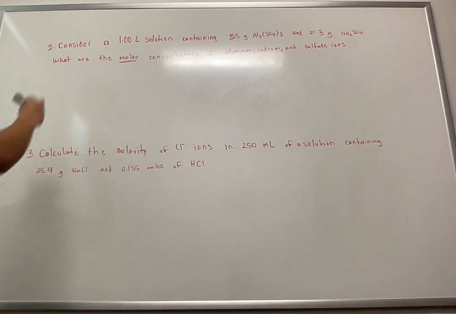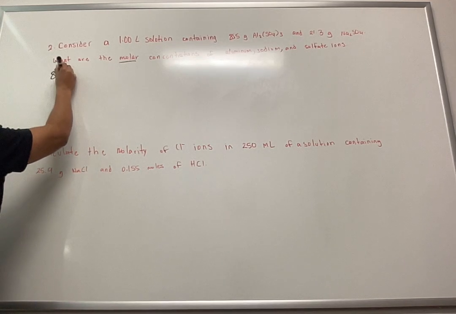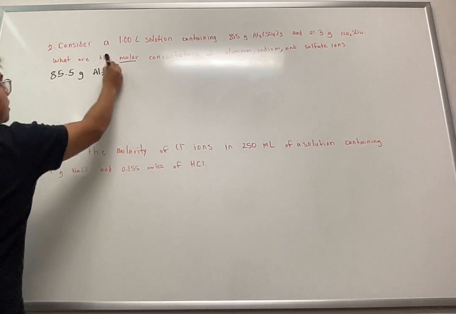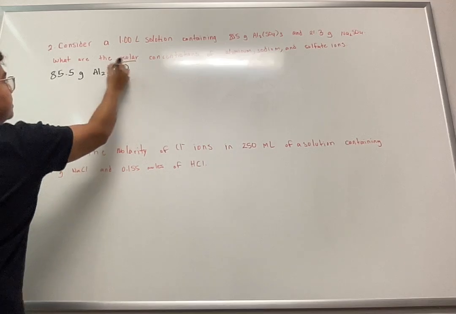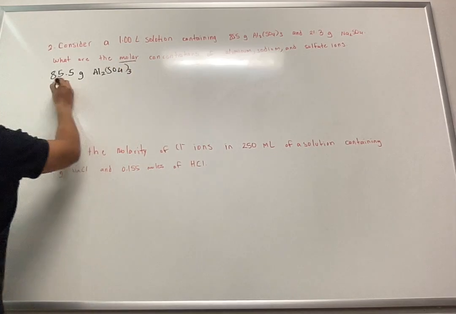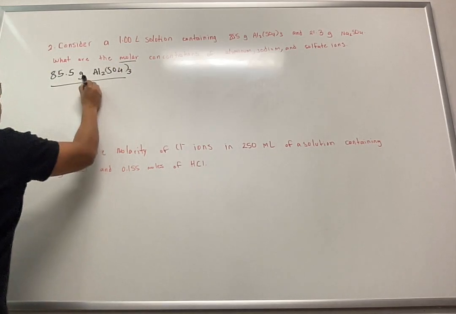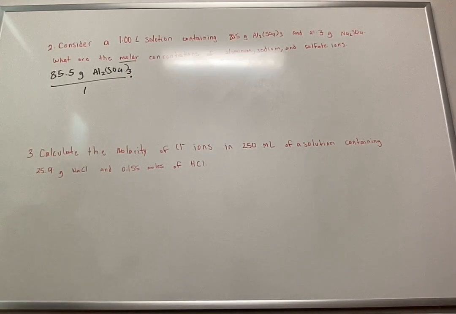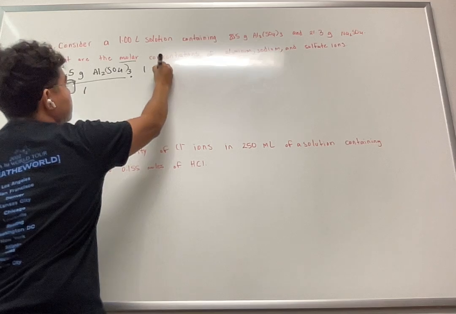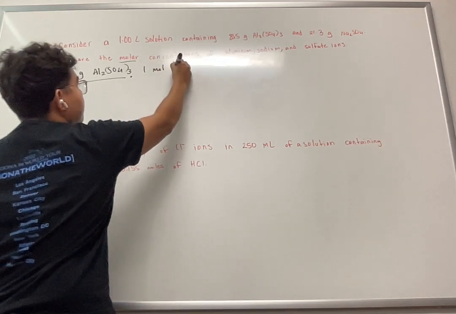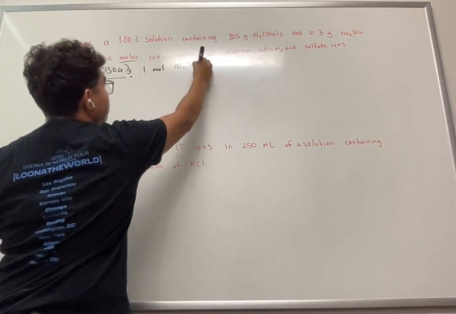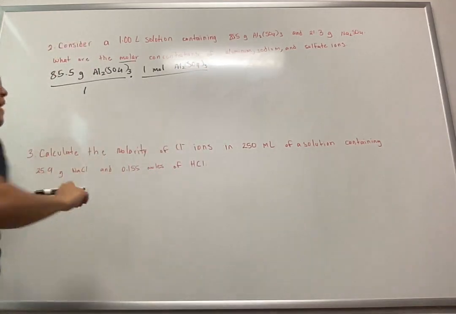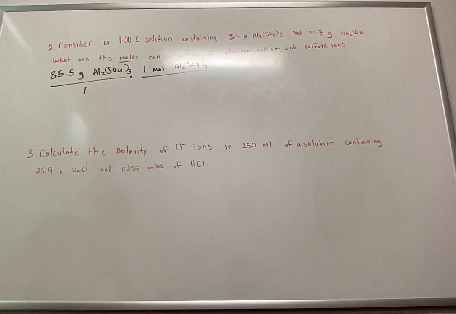So if we set up our little dimensional analysis, 85.5 grams Al2(SO4)3 over 1 times, remember we're trying to get the moles, so 1 mole has to go up top, Al2(SO4)3 over the mass of aluminum sulfate.